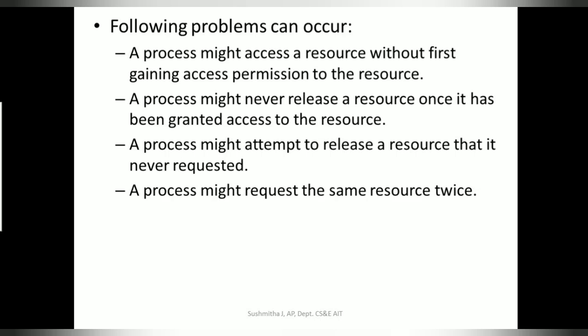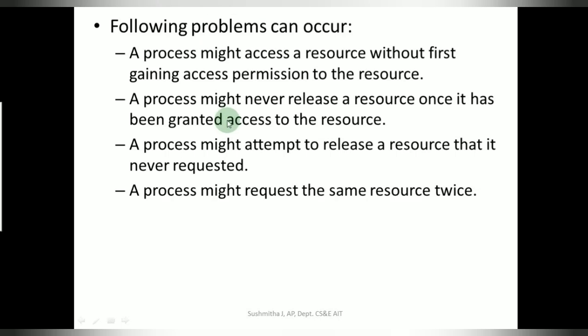A process might access a resource without first gaining access. A process might release a resource once it has been granted. A process might attempt to release a resource that it has not requested. A process might request the resource twice.